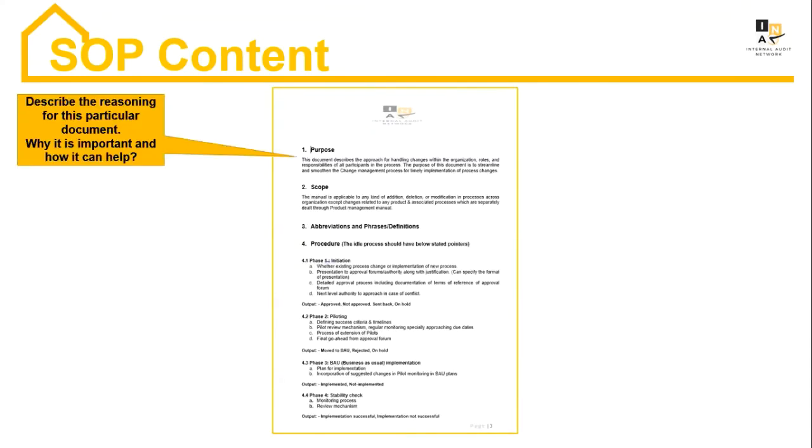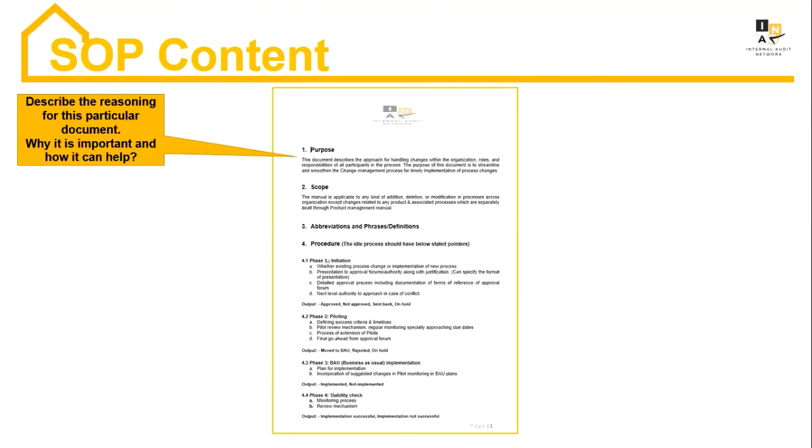First is purpose. The purpose has to be clear and precise. The reasoning why we are creating this SOP is very important, and it has to be documented. In the purpose, you have to document why it is important, how it can help, and what we want to achieve from this process.